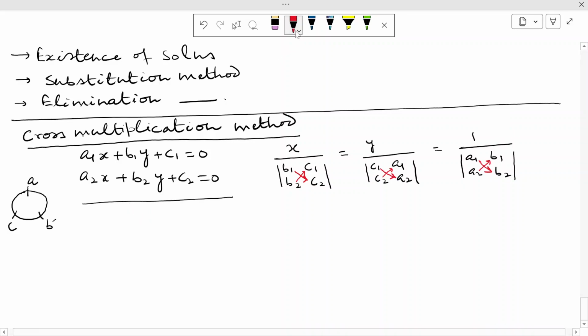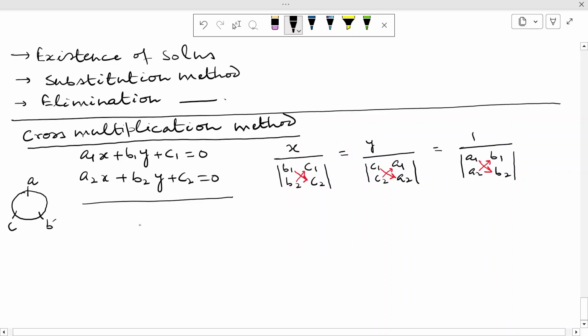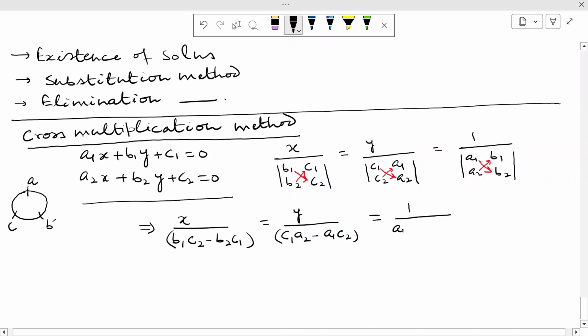So keeping this in mind, we will have this expression as x upon b1 c2 minus b2 c1 is equals to y upon c1 a2 minus a1 c2, और लास्ट में हमारे पास आएगा a1 b2 minus a2 b1.